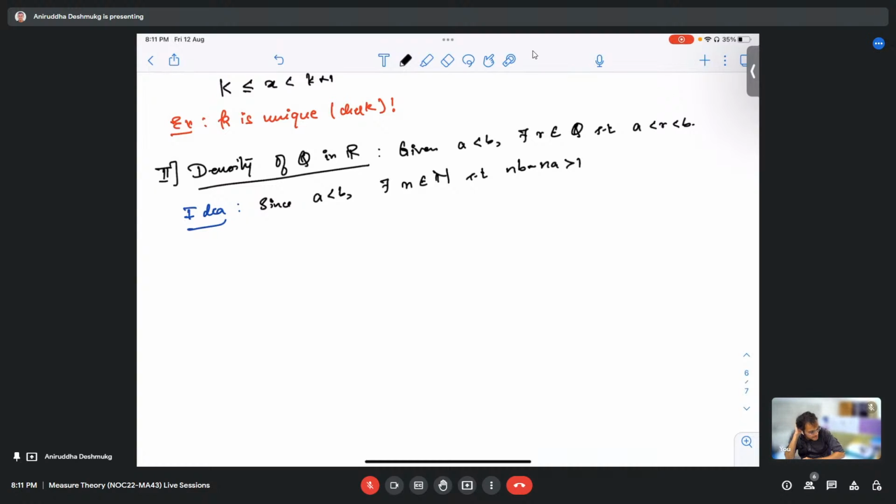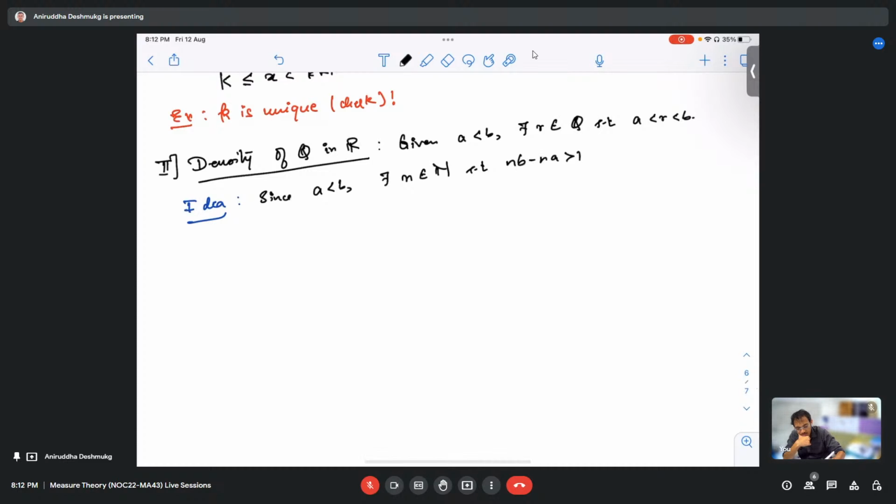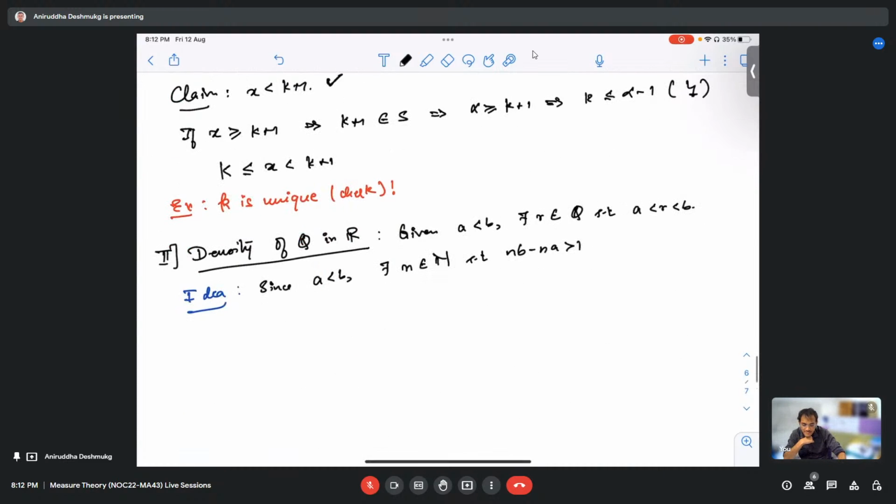Yes, Prasanjit? So what is nb into na? No, nb minus na. Okay. So can I say that nb minus na is bigger than 1 for some n? This is just the Archimedean property, right?